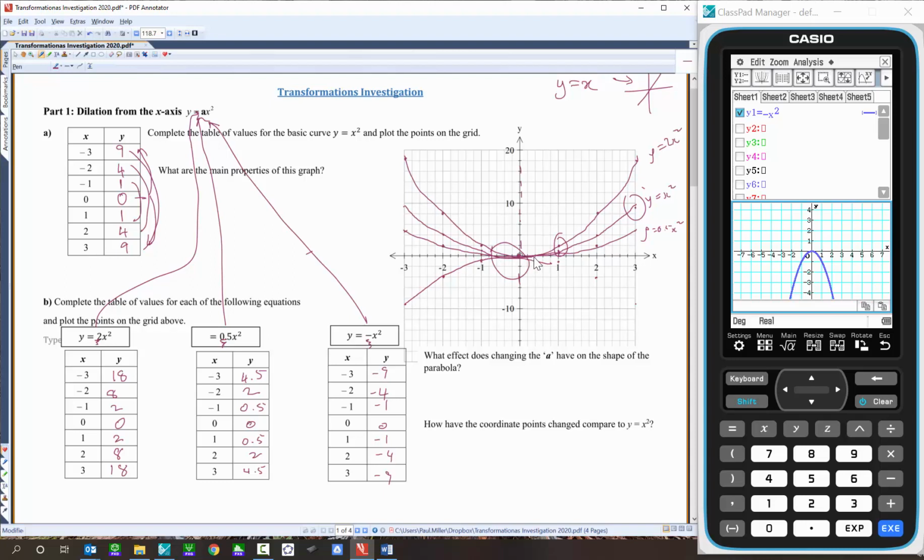Yep. There we go there. Now again, you're not allowed to make shape corrections on that. You've got to rub that out and make sure it's just one clean curve. y equals negative x squared.